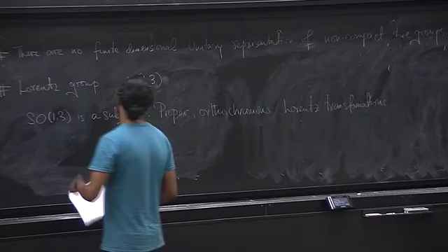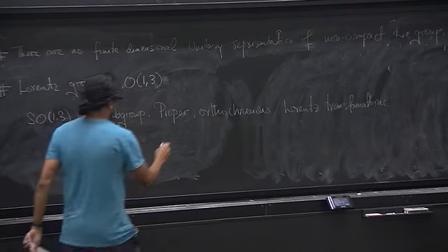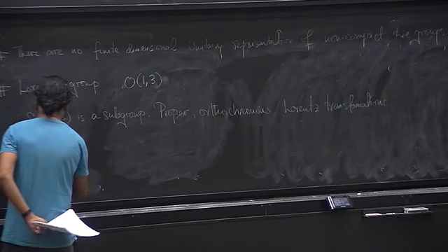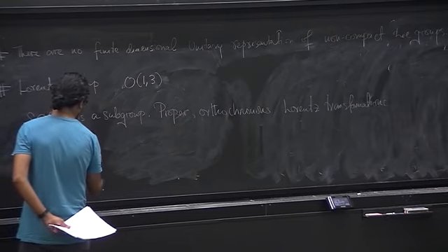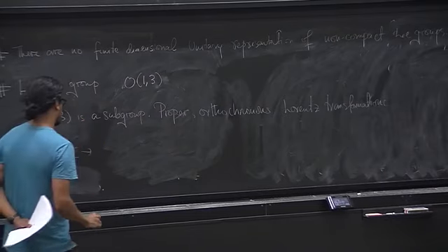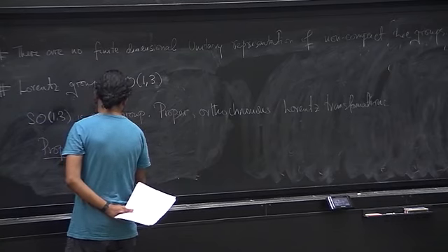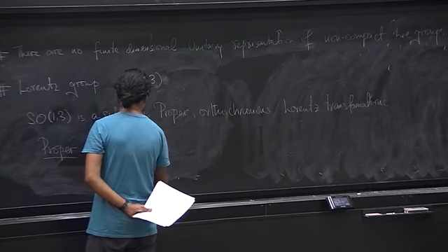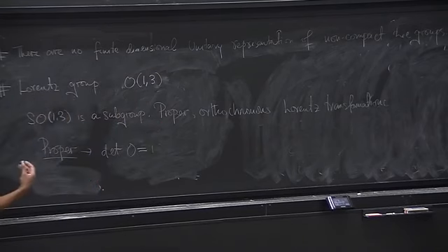And what it does is that proper means that the determinant is 1, which means that it's continuously connected to the identity.